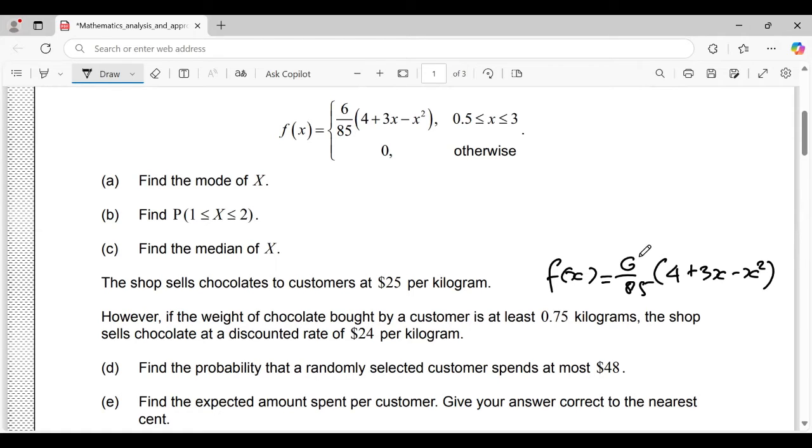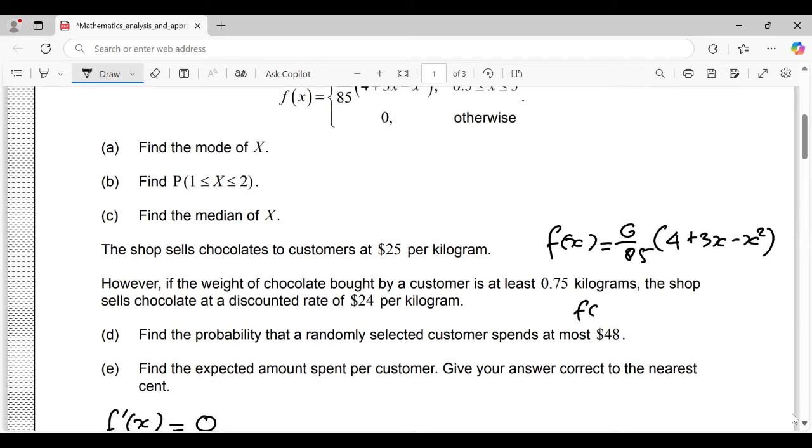So if we calculate it, it becomes f(x). Wait, I'm going to write here.